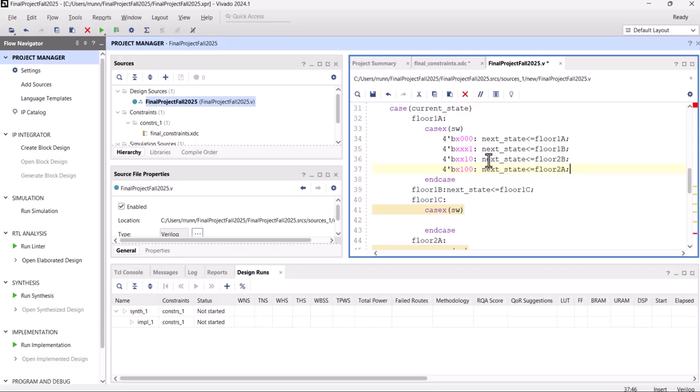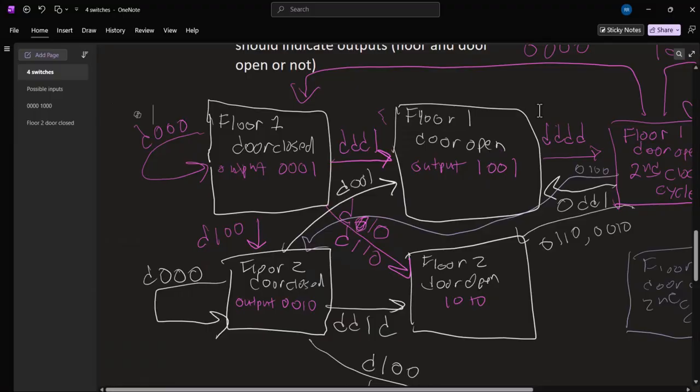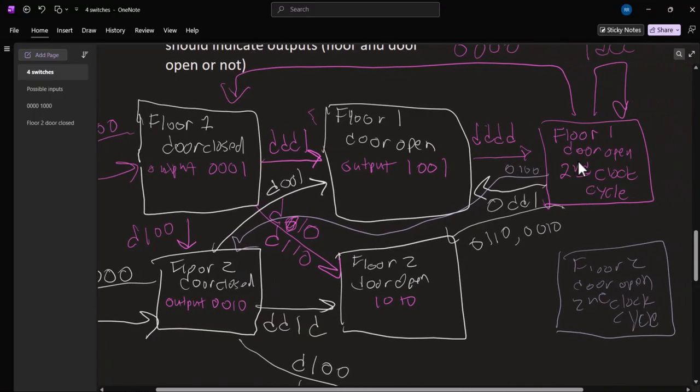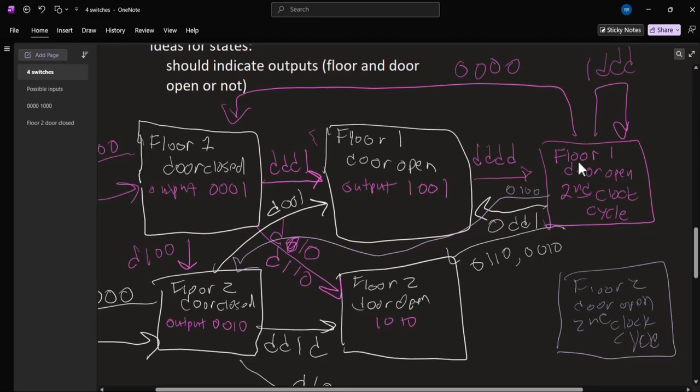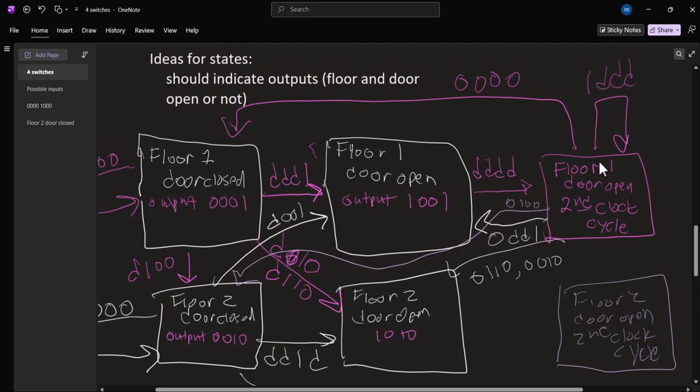Shall we go on and do floor 1C? So floor 1C, we had, if it was all zeros, we went back to floor 1, door closed.